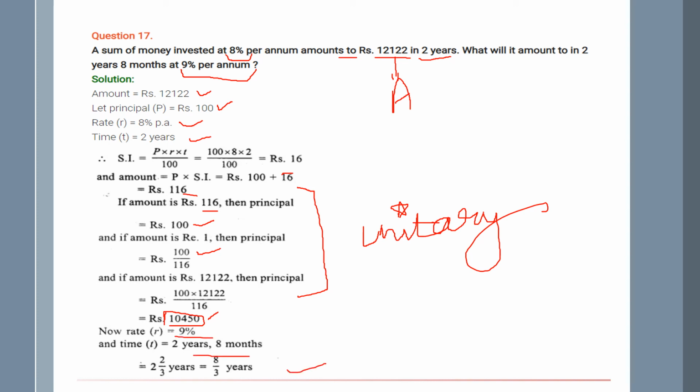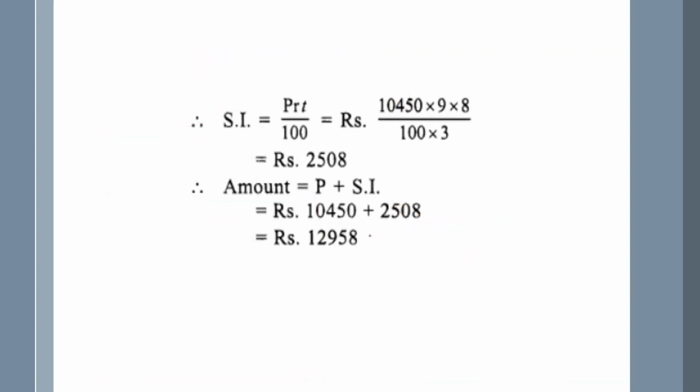It will be 8 by 3 years. So simple interest you have to find: principal into rate into time by 100. Principal we have taken as 10450, rate 9, into 100 divided by 100, into 8 by 3. So you will get the simple interest and amount will be principal plus simple interest. Same.